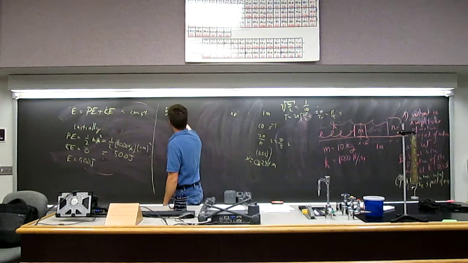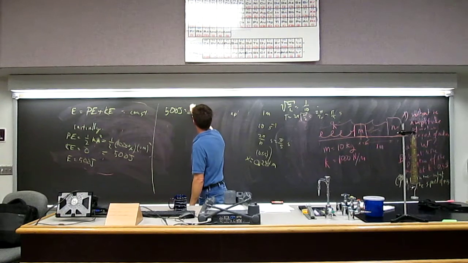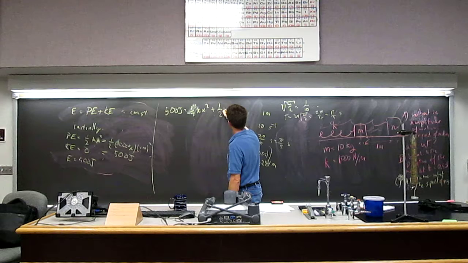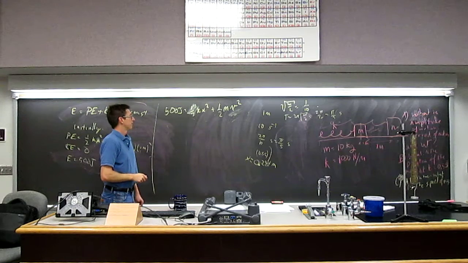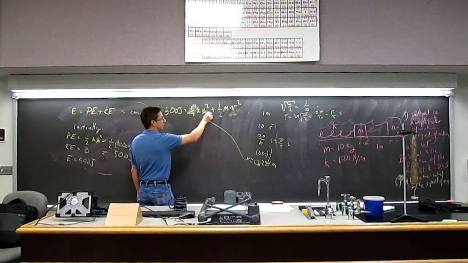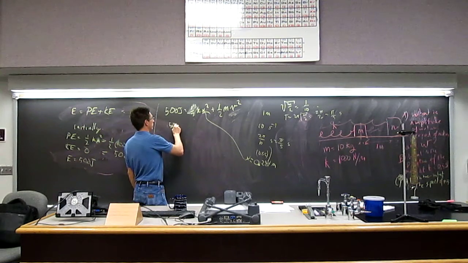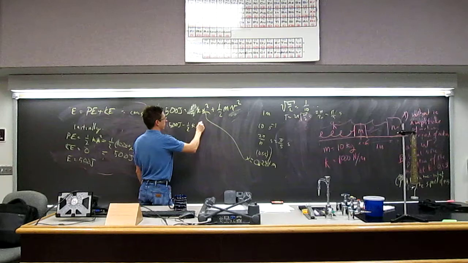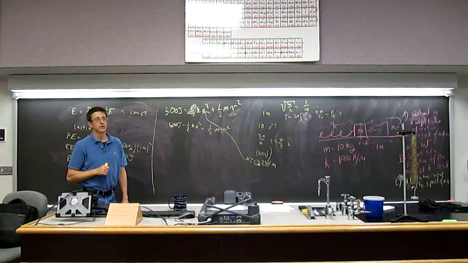So let's take 500 joules, the total energy, and set that equal to the potential energy, 1/2 k x squared, plus the kinetic energy, 1/2 m v squared. Plug in x equals 0.284 meters. I'm going to do a little solving before I plug in numbers.